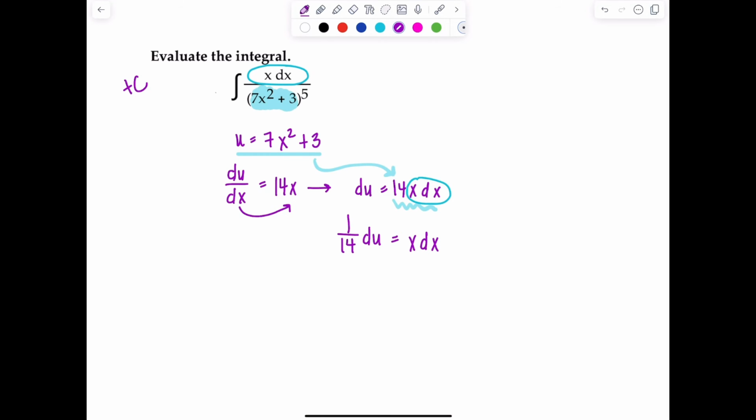And now I'm ready to make my change of variables, okay? So in the numerator, instead of x dx, I have 1/14 du over, and all of this mess, 7x squared plus 3, is u raised to the 5th. Do you see? Take a second, marinate on it.